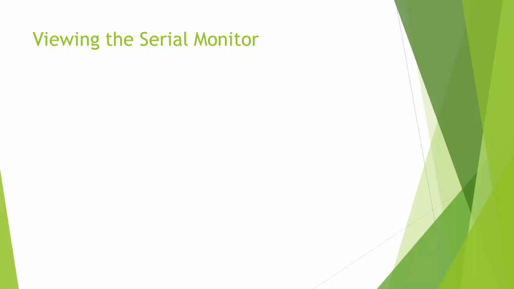But before we start that, we have to learn how to actually view the serial monitor. You've been playing around with the code and you probably haven't even realized that there's this additional view that's available to you. To view the serial monitor, it's different for every configuration that you're coding from, so you may have to do a web search to find the precise command.